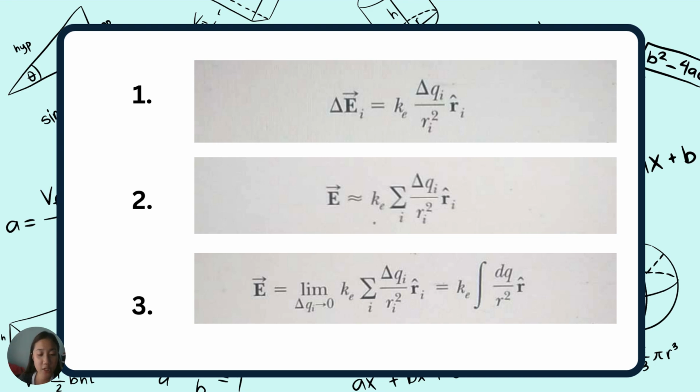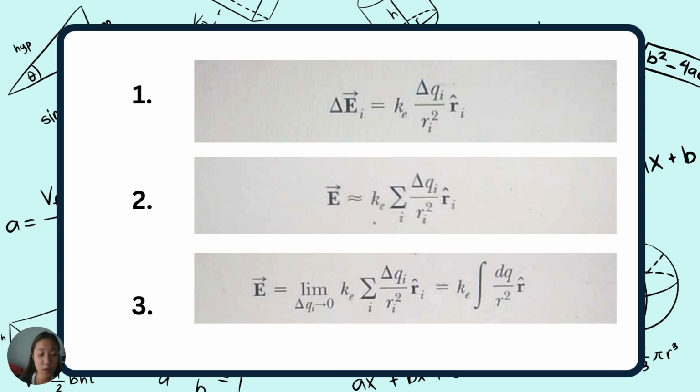The integration is a vector operation and must be treated with caution. It can be evaluated in terms of individual components, or perhaps symmetry arguments can be used to reduce it to a scalar integral.